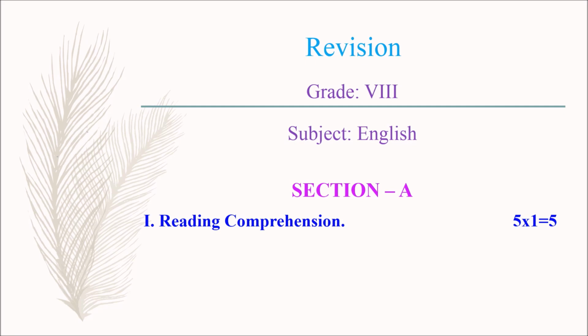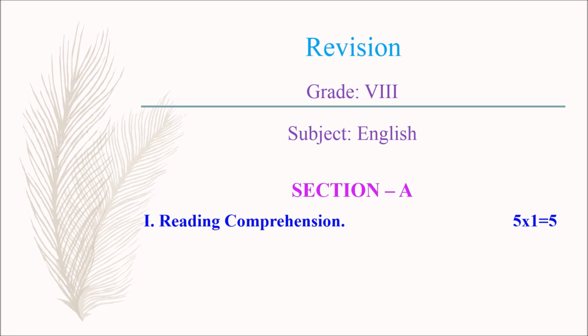This is your question paper pattern. Section A, Roman letter 1, Reading Comprehension. One passage will be given in the question paper. Below that, you have 5 questions. First, you have to read the passage carefully. Then, understand the passage.